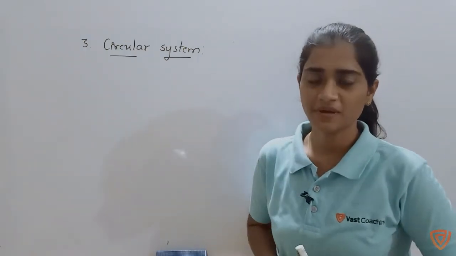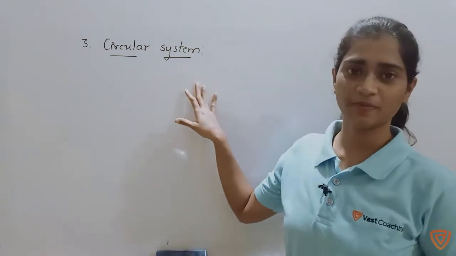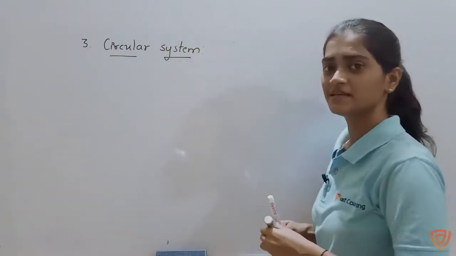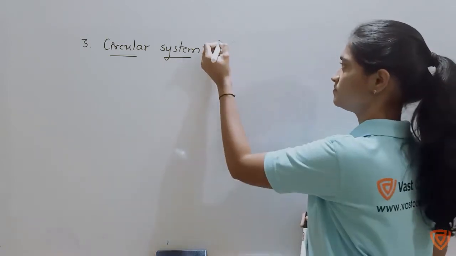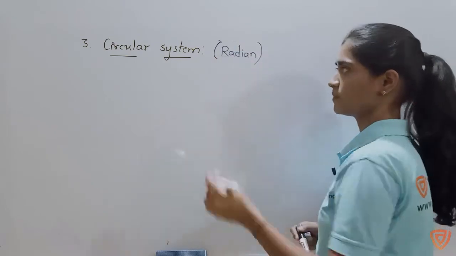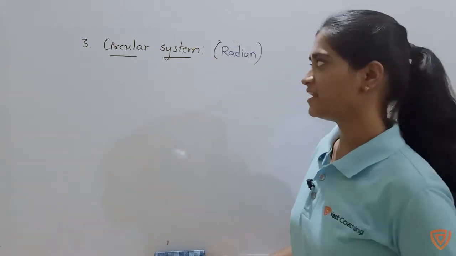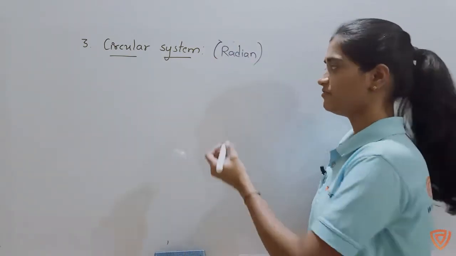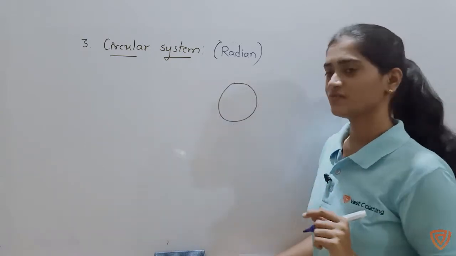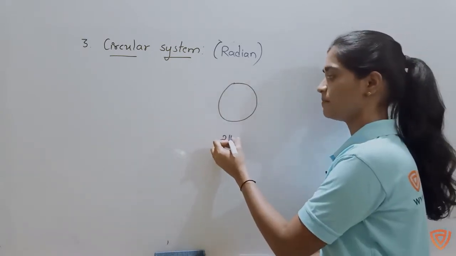In the circular system, the unit of the measurement is radian, and sometimes we call it radian measure. We know that if I take a unit circle, the circumference of the circle is 2 pi r.